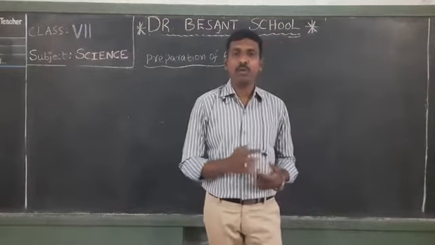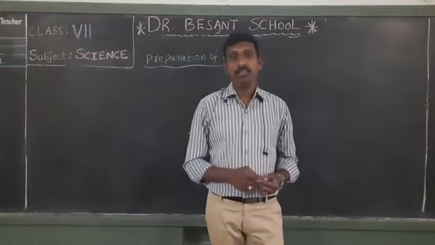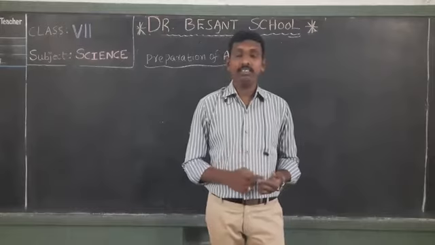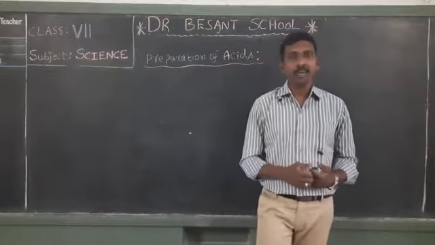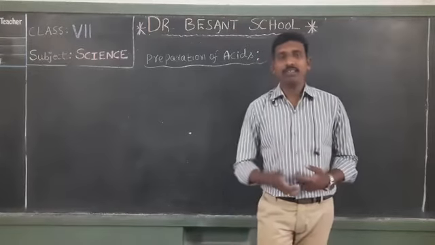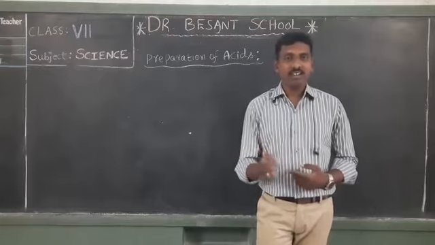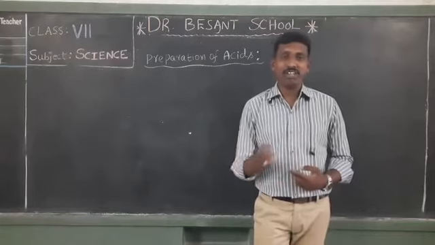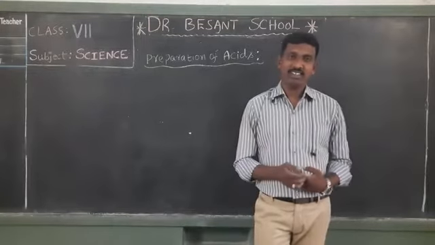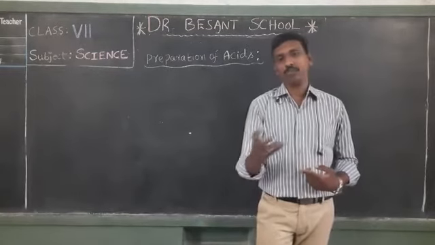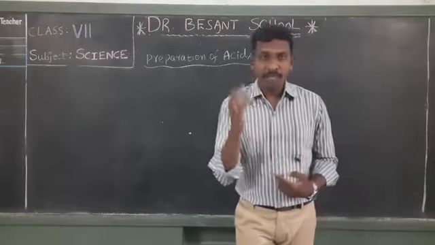Examples of metals are gold, silver, platinum, copper, iron, tin, manganese, magnesium and sodium. Non-metals are wood, clay, plastic, sulfur, carbon, nitrogen, oxygen and hydrogen. These are all non-metals because they do not possess the properties possessed by metals.